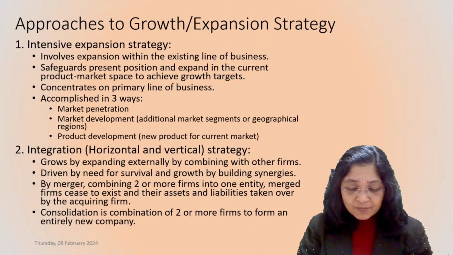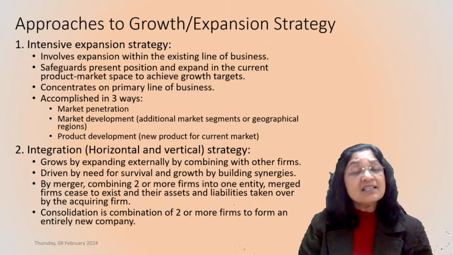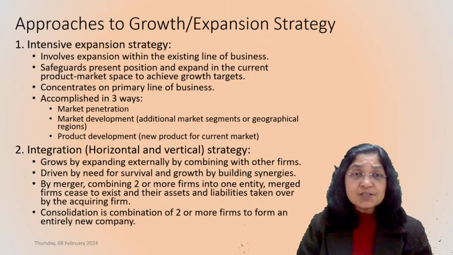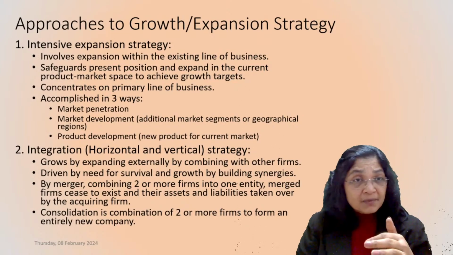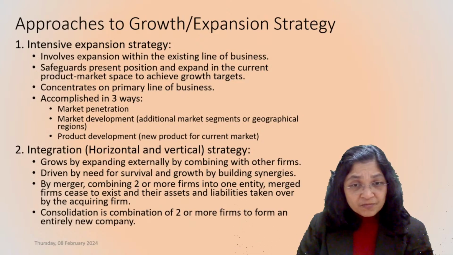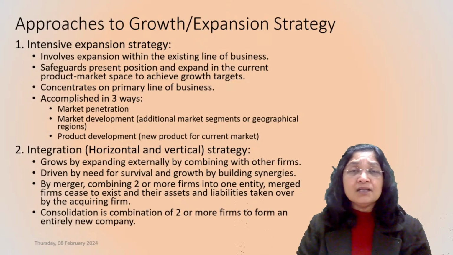So let's say we have product A, a kind of, let's say, shampoo. Then we expand and try to develop different kinds of shampoos. So that widens our reach to the different kinds of customers.